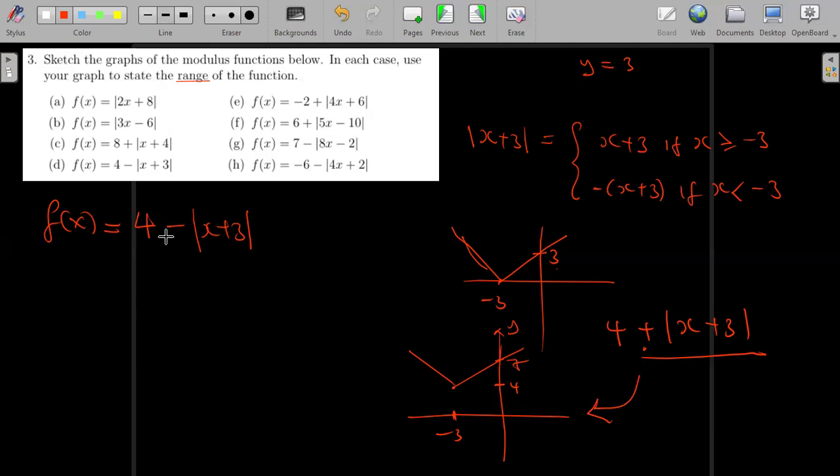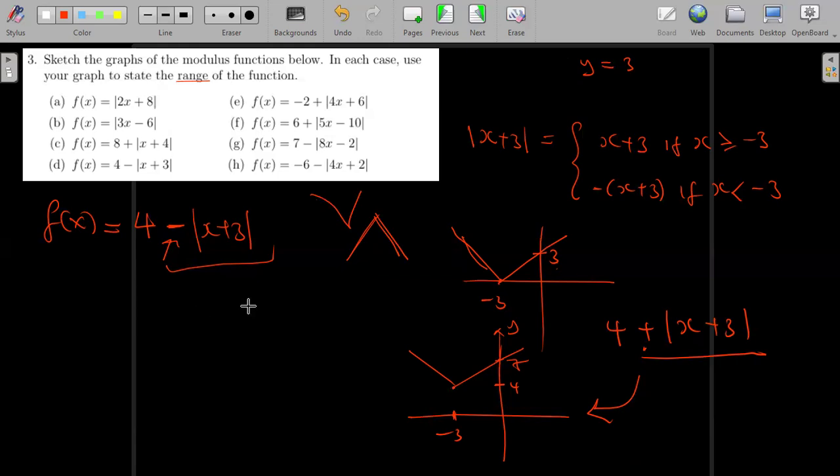But because of this negative sign in front, every time you have a positive, it will multiply the negative and make this entire thing negative. So when you have a negative sign in front of the modulus, the graph will change from being like this to facing downwards, inverted, because of that negative sign. So you'll have negative values, or values that will be less than that.